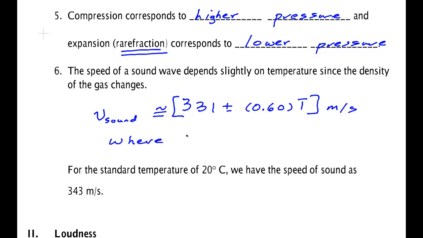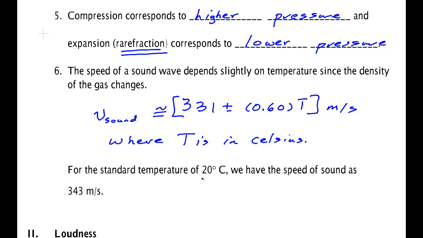where T is in Celsius. So if it was at 0 degrees Celsius, the speed of sound would be about 331 meters per second, but at higher temperatures, the gas expands and becomes less dense, and when it becomes less dense, it has less inertia, and so it speeds up.